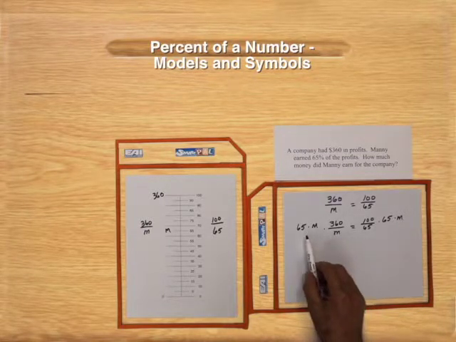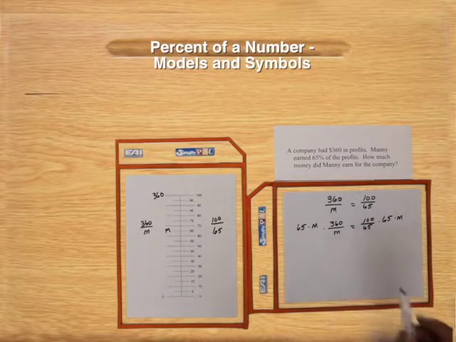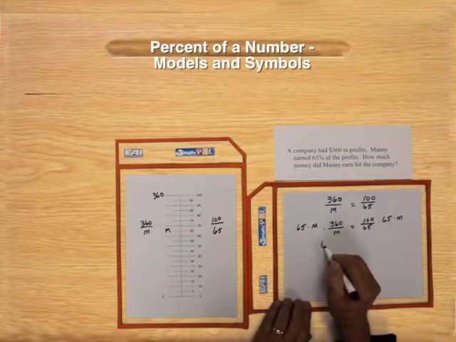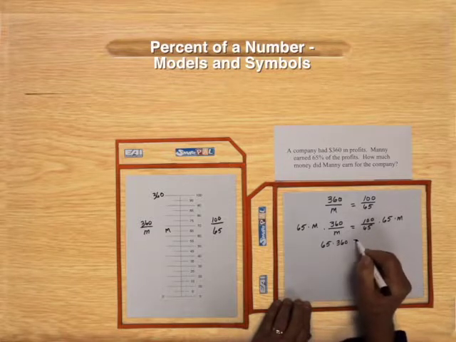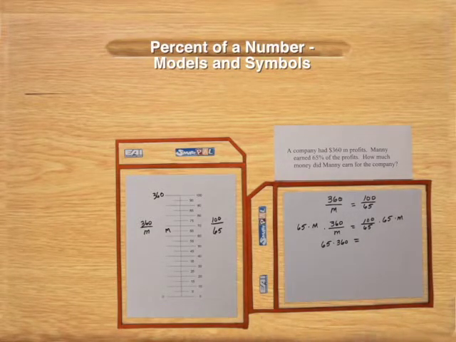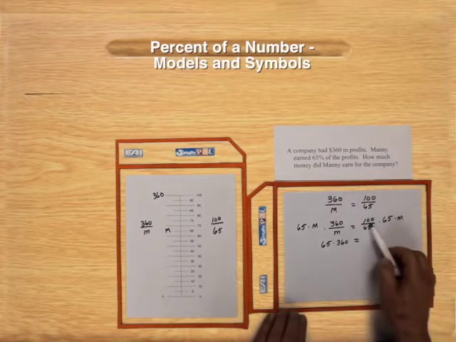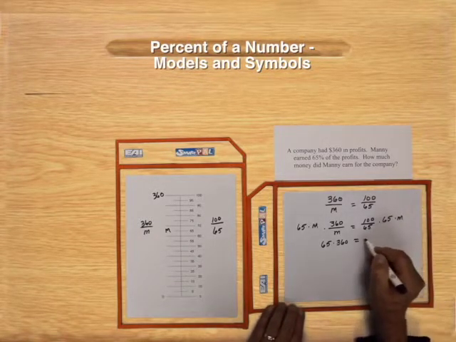So what's going to be left is 65 times 360. On the right-hand side, we have 65 over 65, which we know is 1. So we're going to have 100M left.